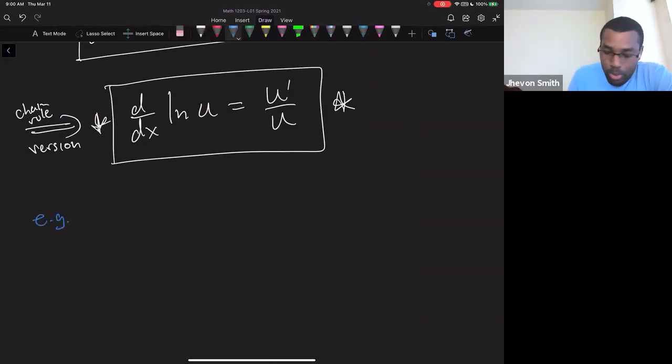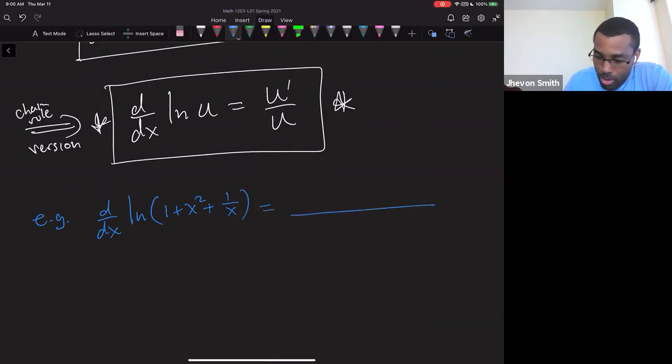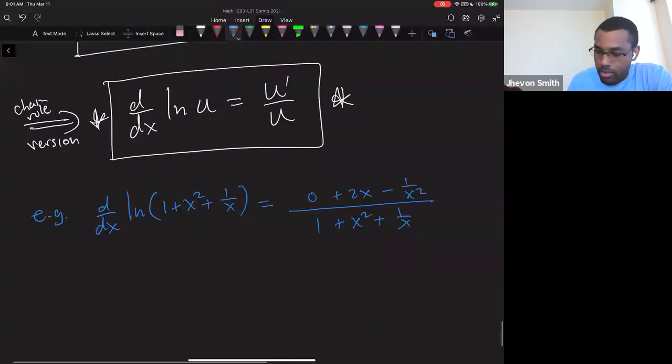So example, if I ask you, what is the derivative of ln of 1 plus x squared plus 1 over x? Then you're going to put that thing in the bottom, then put its derivative on top. That's your answer.